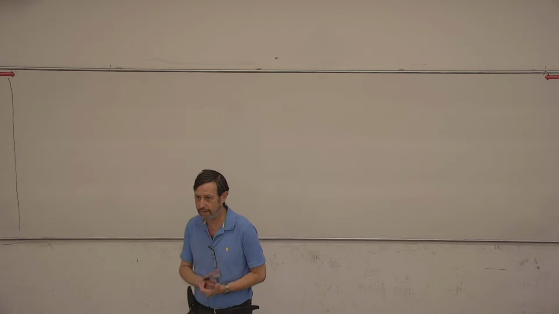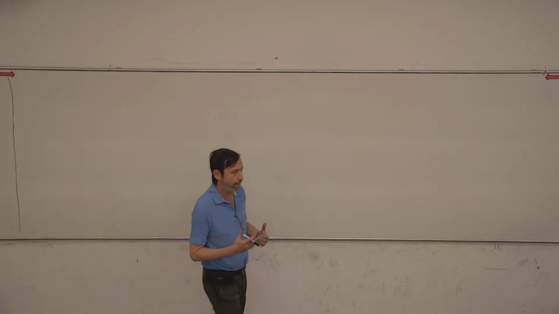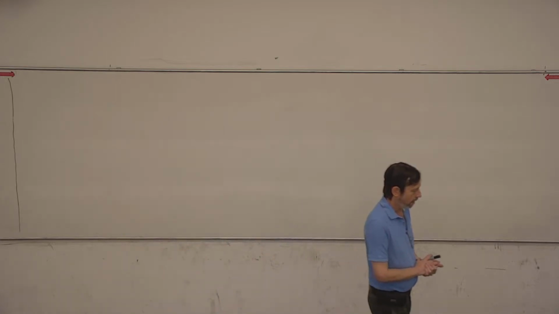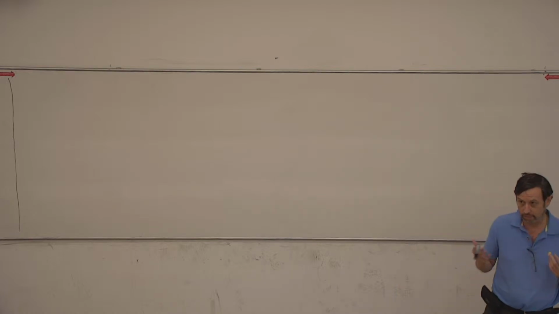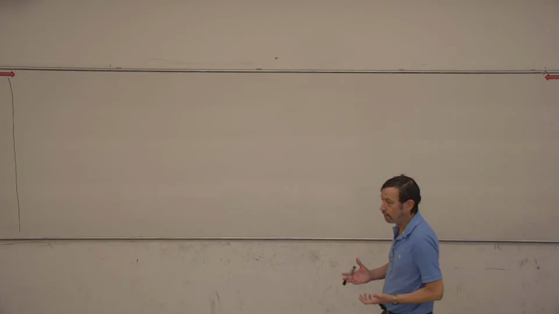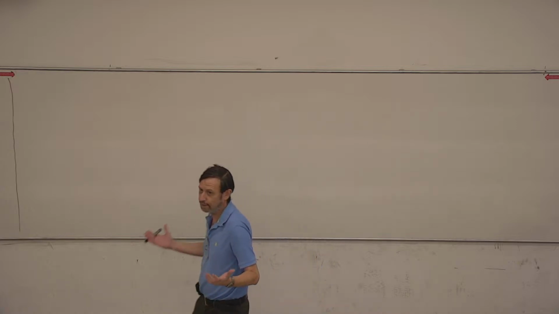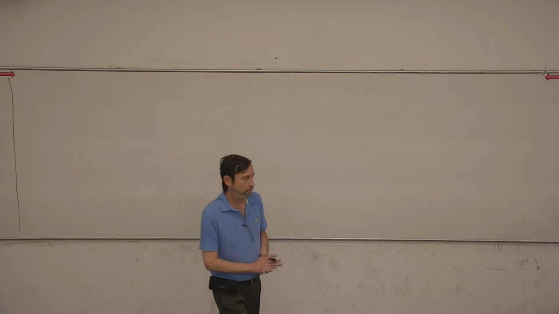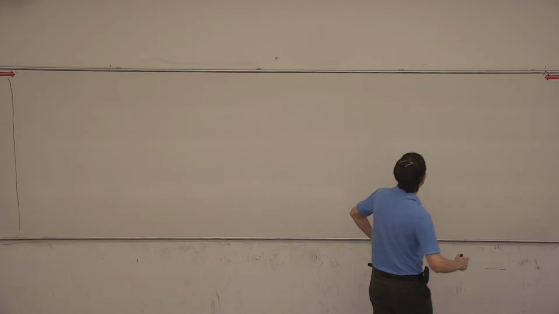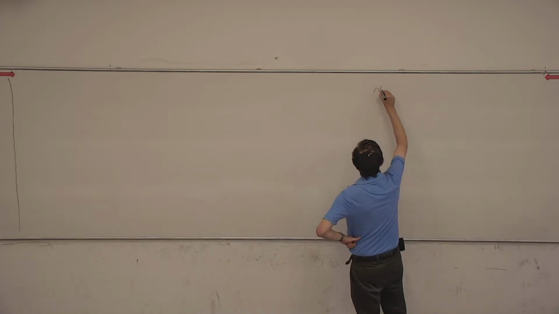At the end of the day, they give us the same physical answer, the same qualitative answer, and where we use each one depends on what we want to describe. So we're starting with a nearly free electron.